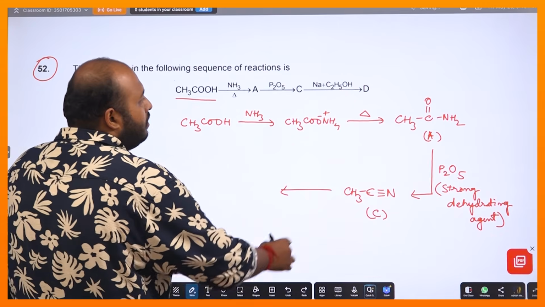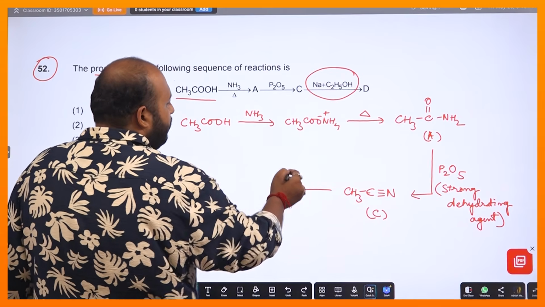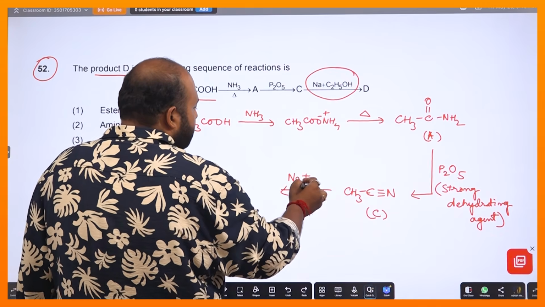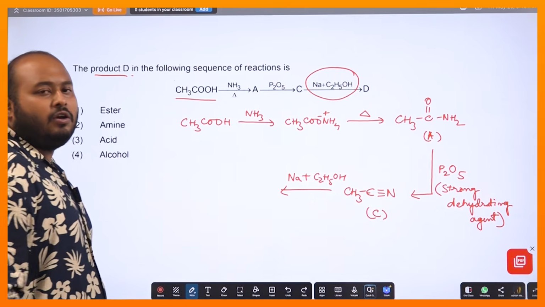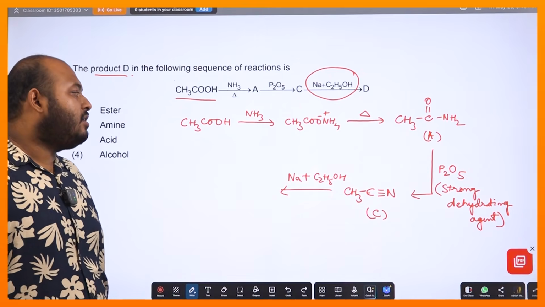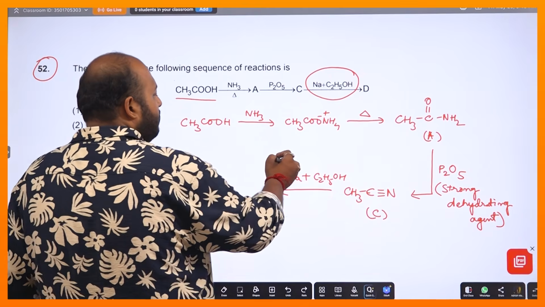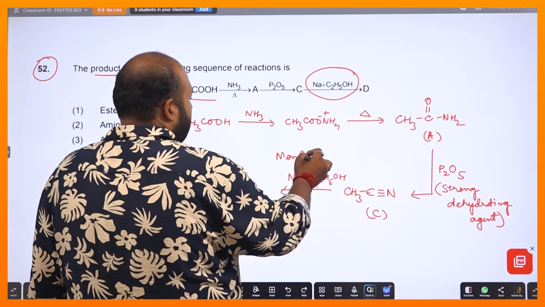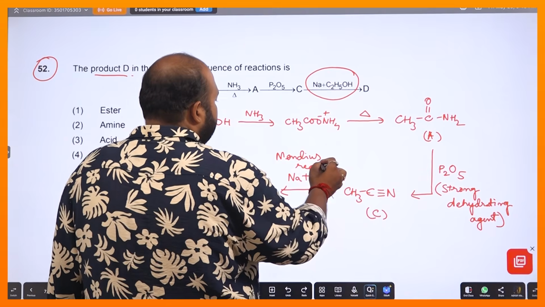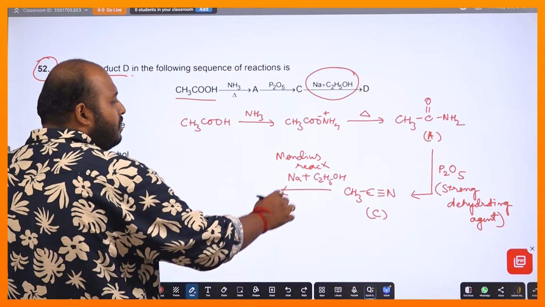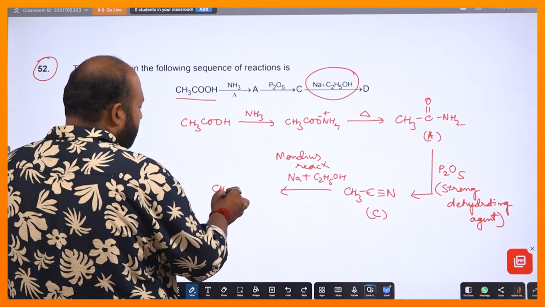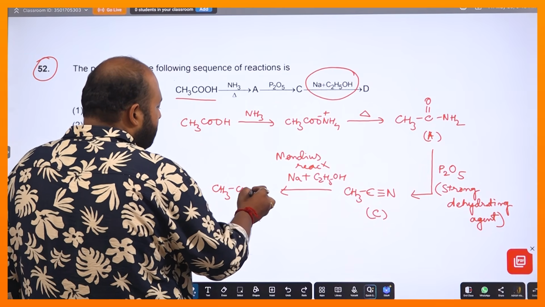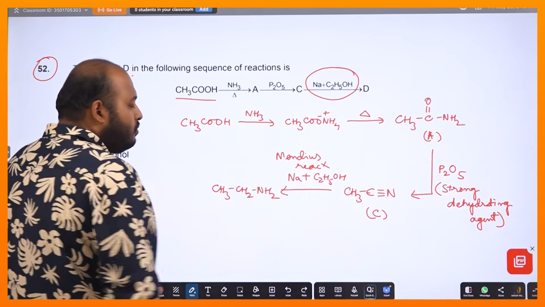Now it is given here sodium plus ethanol, and this is a very common reducing reaction known as Mendius reaction. It can reduce the CN to amine, that will become CH3 CH2 NH2.